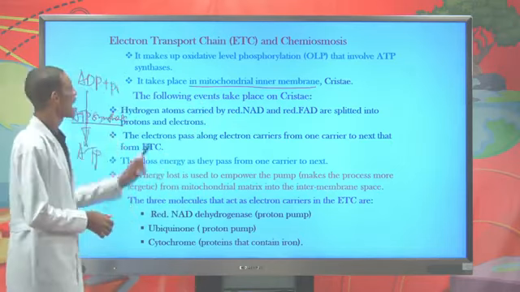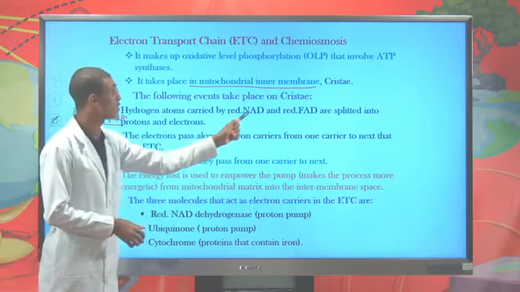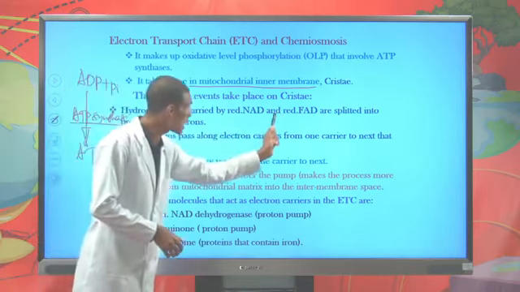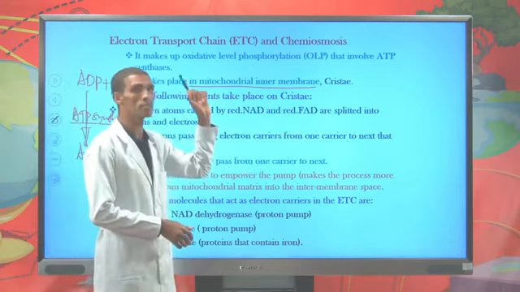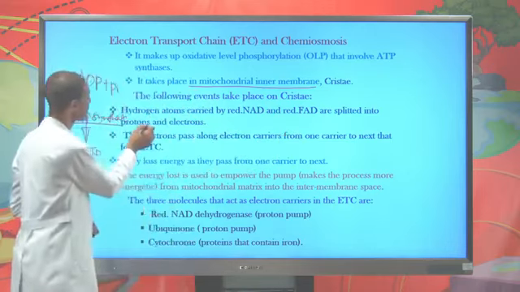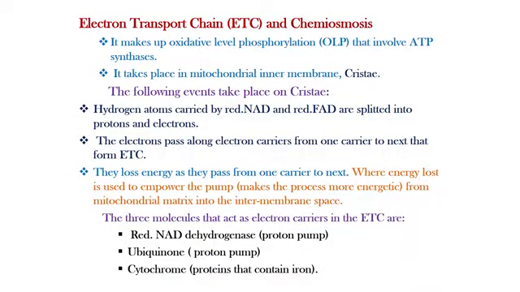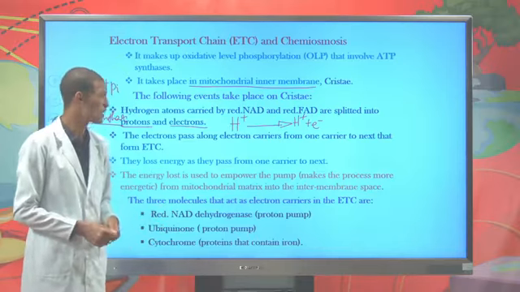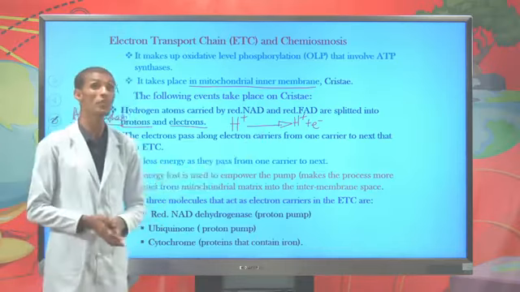Here, hydrogen atoms carried by reduced NAD from Krebs cycle, and also carried by reduced FAD from Krebs cycle, are split into electrons, where the electrons pass from one carrier to another, which we call the electron transport chain, making the system efficient.